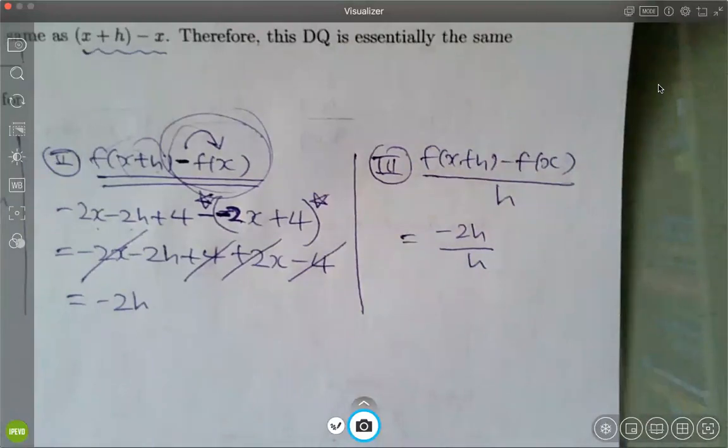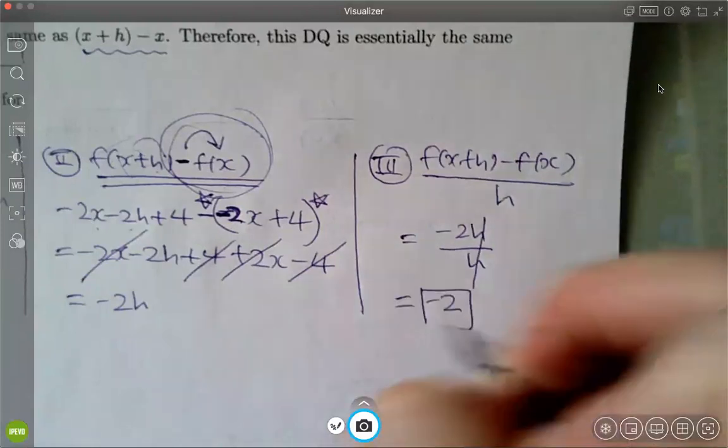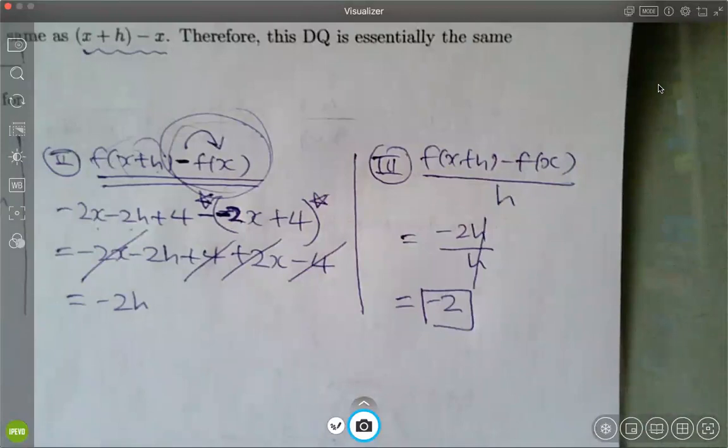What's the only way? Cancel the h, right? Okay, so what's the answer? -2. So -2 was the difference quotient.